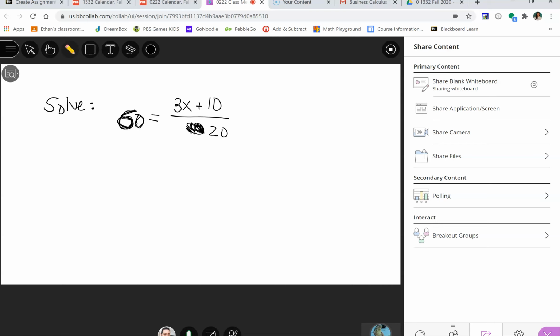Okay, so that's a 60, and we're dividing by 20. I'm going to give you a second to try to solve this, to see what you would get. Oh, it's still a decimal number.